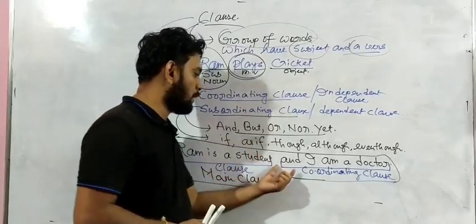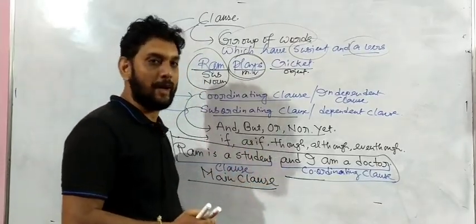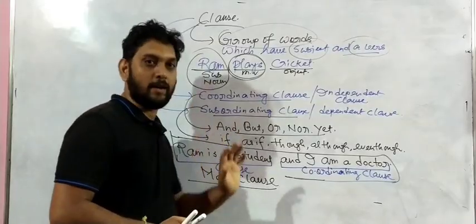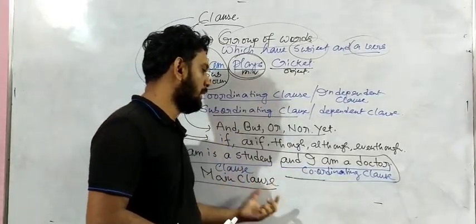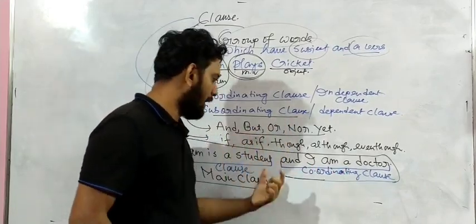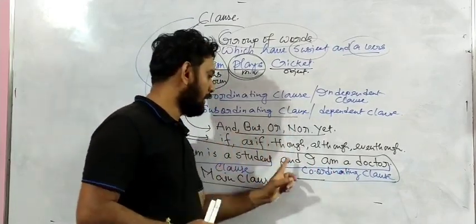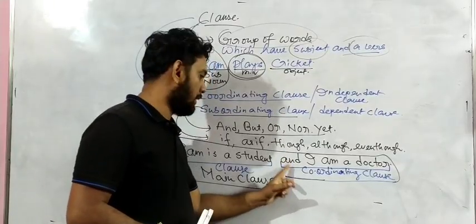Whenever you see a coordinating conjunction present in a sentence, then you can easily find that it's a compound sentence. So, Ram is a student and I am a doctor. Both these clauses have been joined, or connected, by a word or conjunction known as and. Got my point?